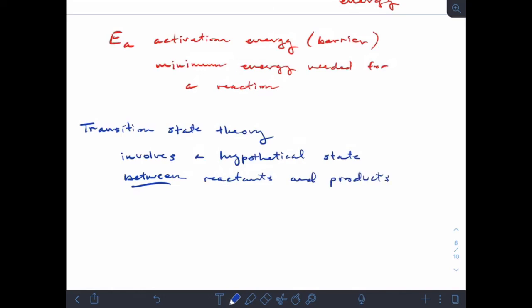So quite literally what's happening at the exact moment of a collision. We say that's hypothetical because we can't stop the reaction at that moment of collision. It has to continue. We can't pause it. We can't push pause on time, right?